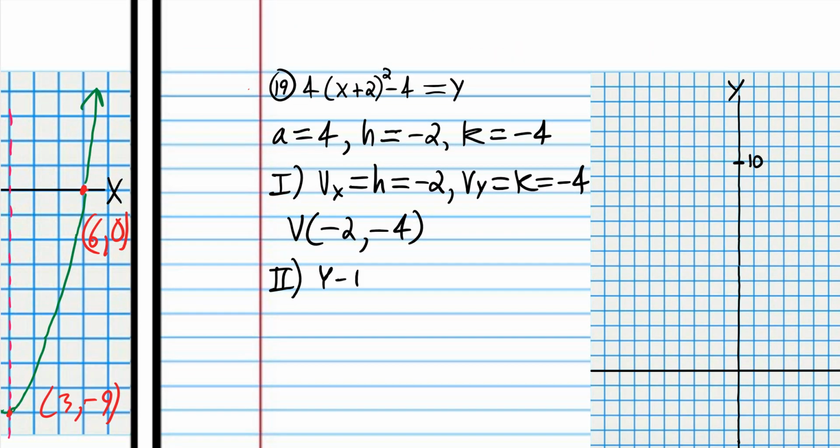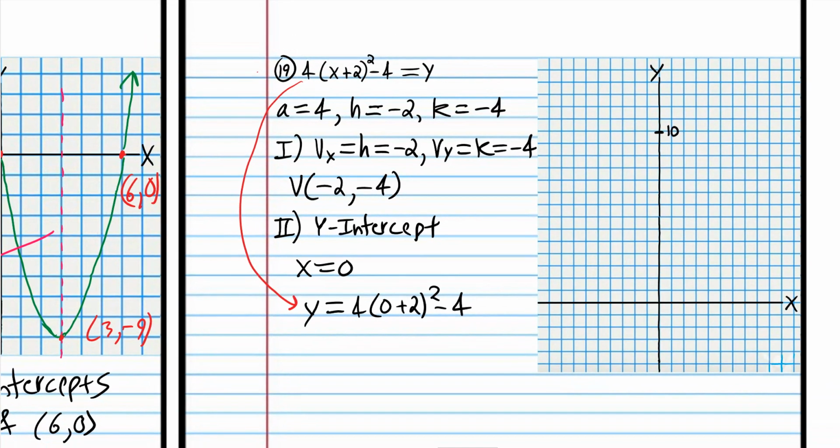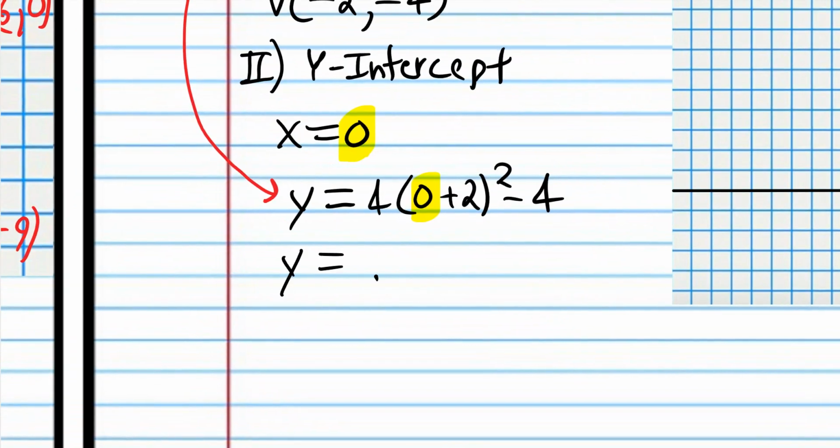Now we're going to find the y-intercept. To do that, obviously, we're going to let x equal 0 as usual, and we're going to use the original equation to find the y value, or the y-intercept. So we plug in 0 for x. Just to be absolutely clear, I got that 0 from there. Using PEMDAS, you don't really have to show this.